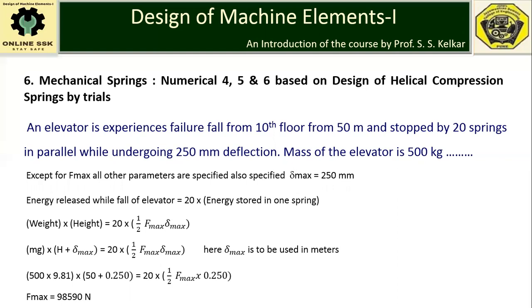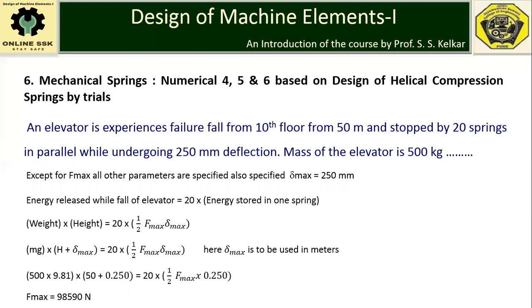So here, except for F max, all other terms have been specified. For calculating F max, again we need to equate the energy of the falling elevator and the energy absorbed by the springs.